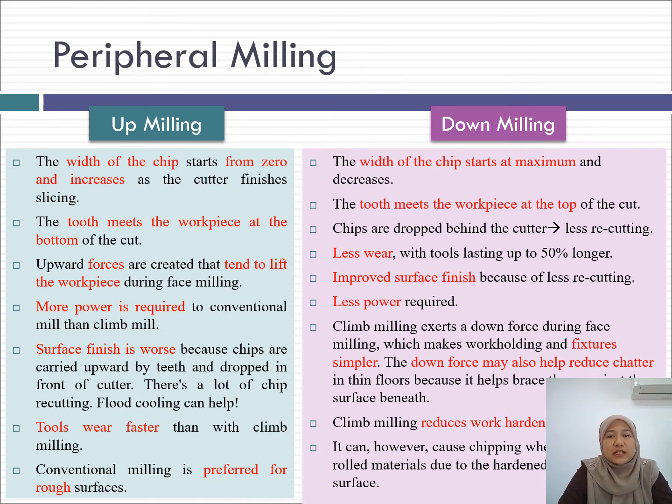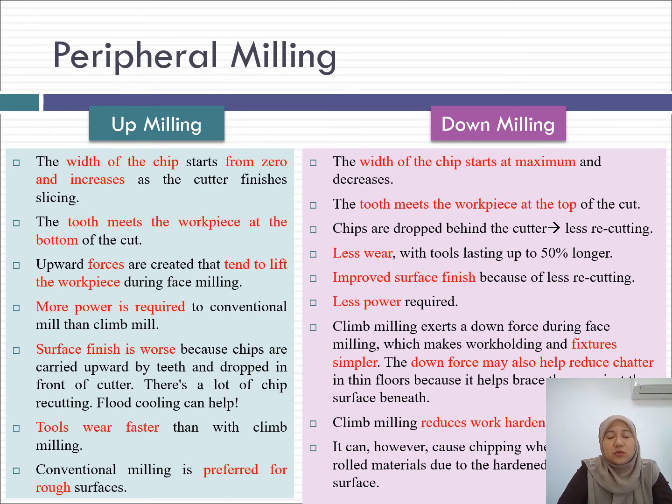Upward forces are created that tend to lift the workpiece during face milling. So as you can see from the figure, when cutting from a thinner part to a thicker part, it tends to lift the workpiece because the forces are acting upward.